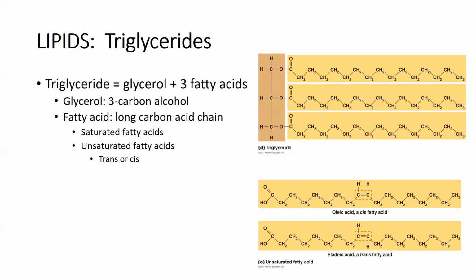Now, I point this out to illustrate these very subtle differences, the same molecule essentially, the same atoms, carbon, hydrogen, oxygen, with very slight differences. So for example, the difference between a cis and a trans fatty acid is just the direction of that hydrogen. And this can be the difference between a good fat and a bad fat.